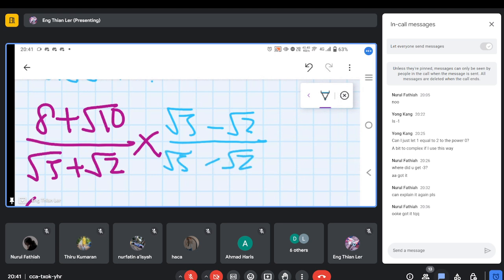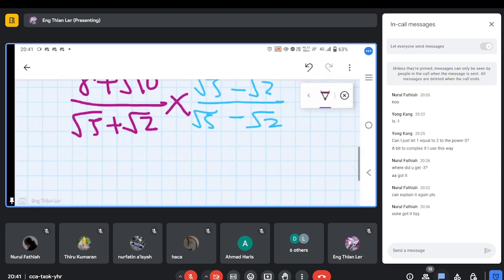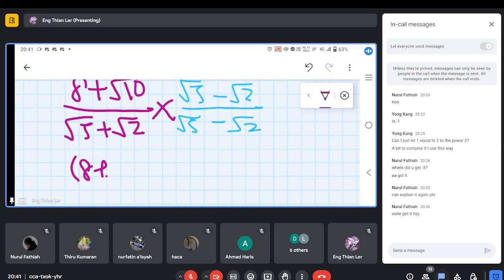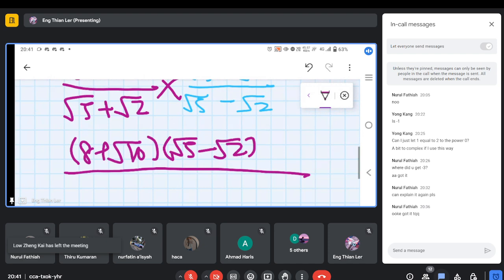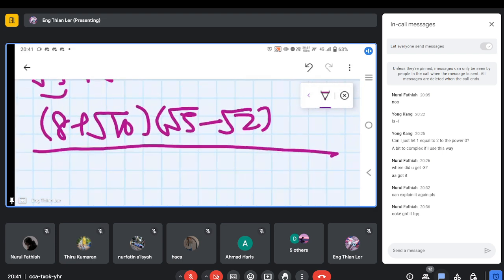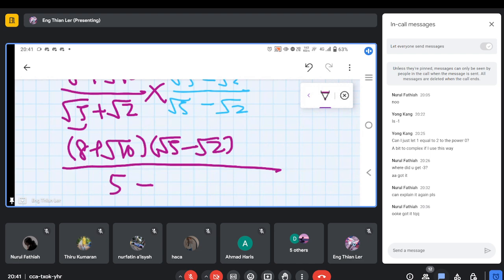The bottom will be a square minus b square. What is a? a is root 5. Root 5 squared is 5, minus b square. b is root 2, and root 2 squared is 2.